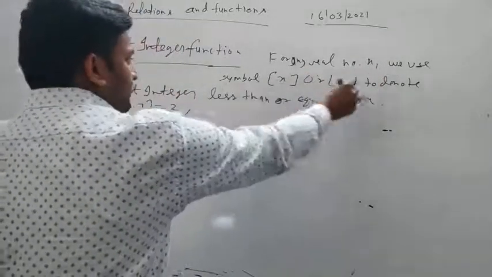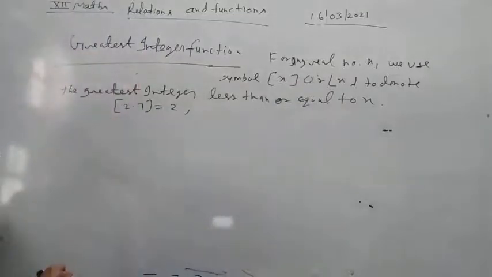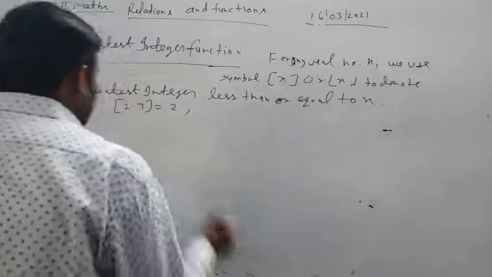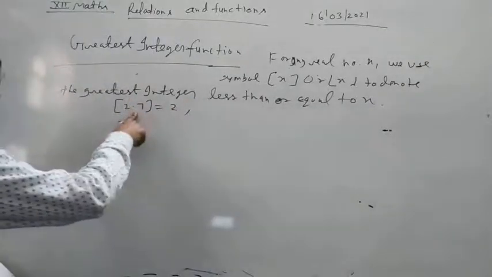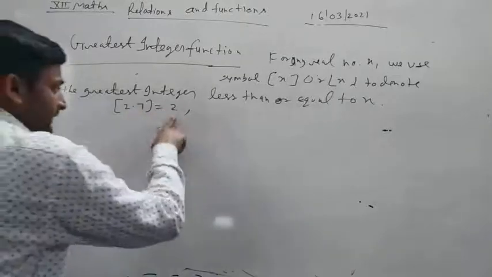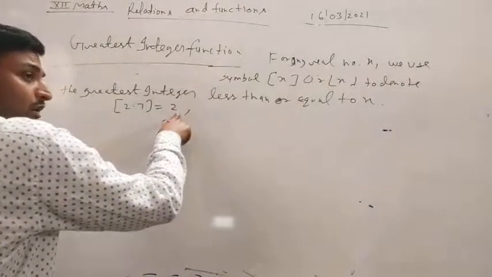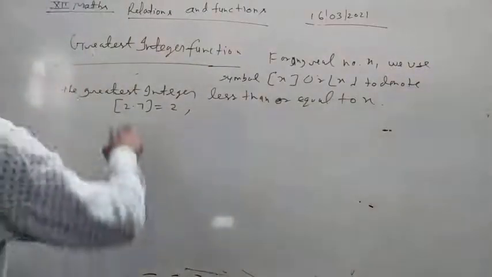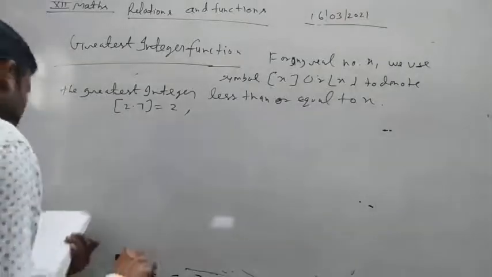x we use this symbol, and this denotes the greatest integer less than or equal to x. If any term is put in this symbol, it always gives the greatest integer less than or equal to x. So 2.7 is not an integer, so we write 2.